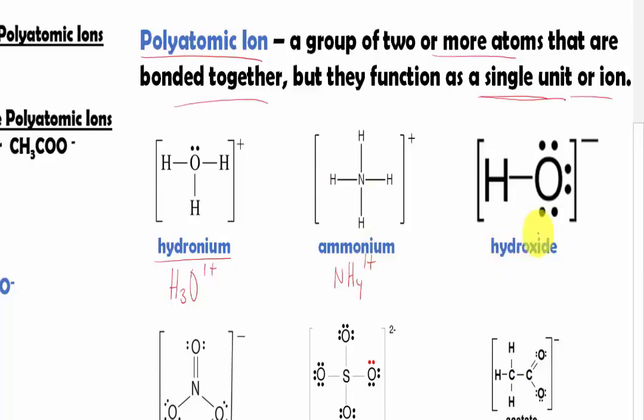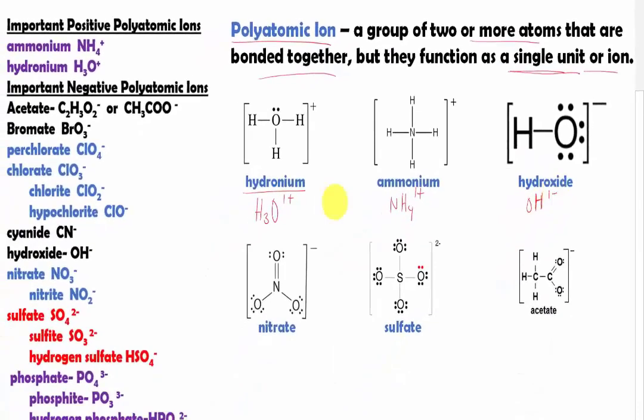And over here we have another example, which is hydroxide. Hydroxide is basically a group of oxygen and hydrogen, so we have OH-, or 1- charge. So not all of them are going to have a positive charge, some of them have a minus charge.